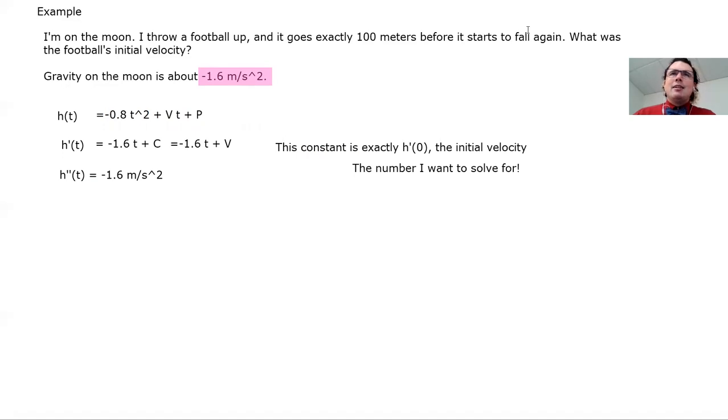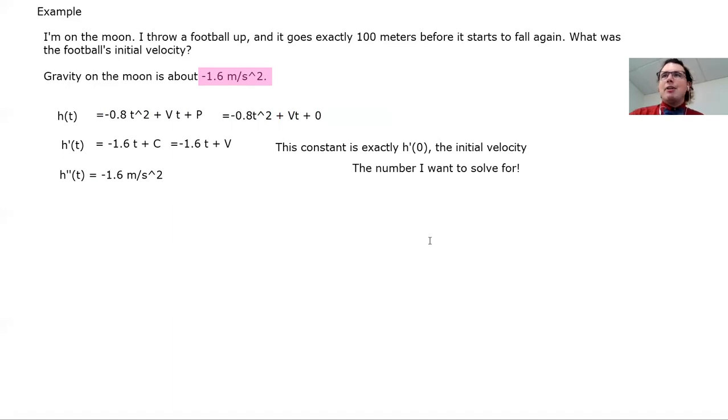And again, the problem does not specify otherwise, so I'm going to presume that this football must have started on the ground with a height of 0. So I still don't know what this initial velocity was.